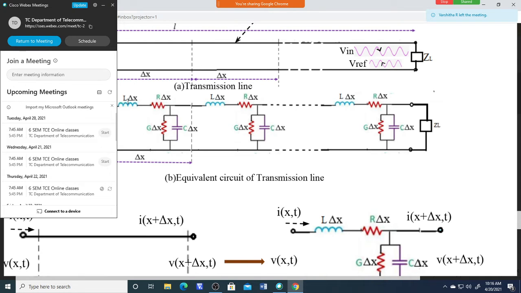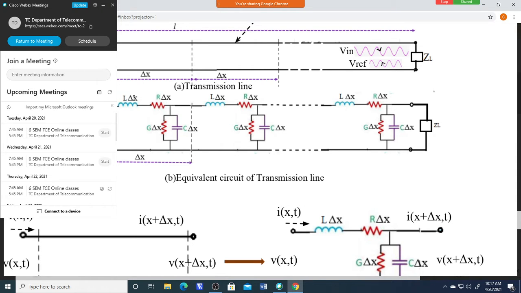So the total inductance offered is equal to L into delta x, because that inductance depends upon the length of the line. If the length of the line is 1 centimeter, it is the per unit length value multiplied by 1 centimeter. If the length is 2 centimeter, then delta x is 2 centimeter. Per unit length how much? It is L. L multiplied by this distance gives the overall inductance offered by that particular length.